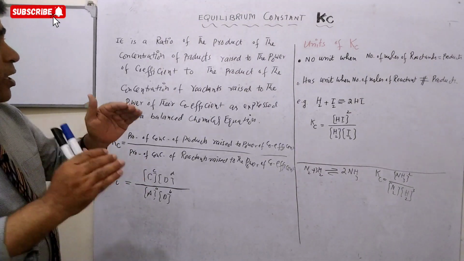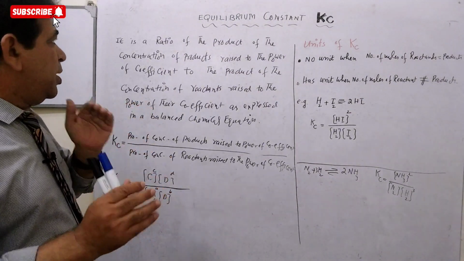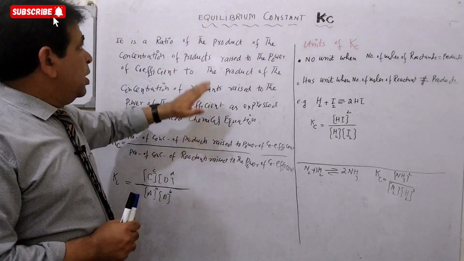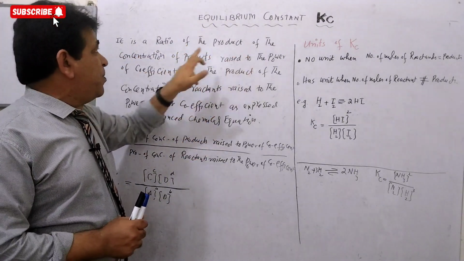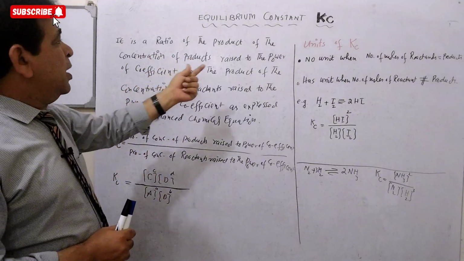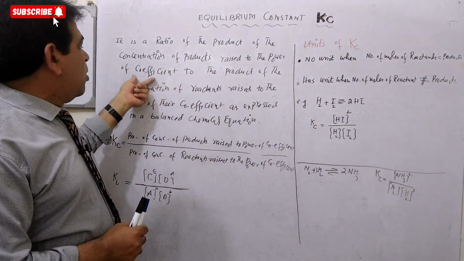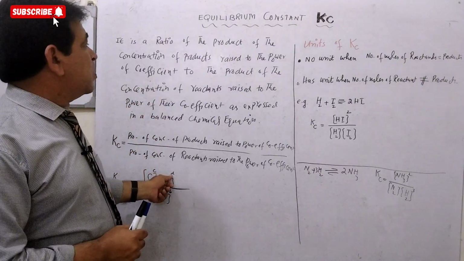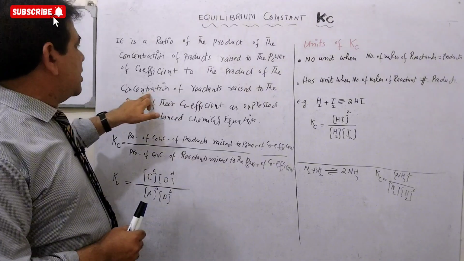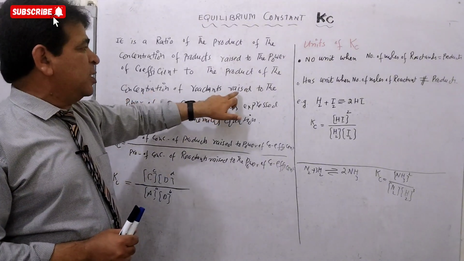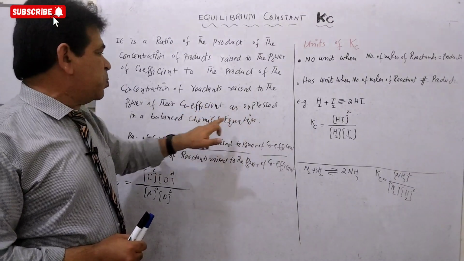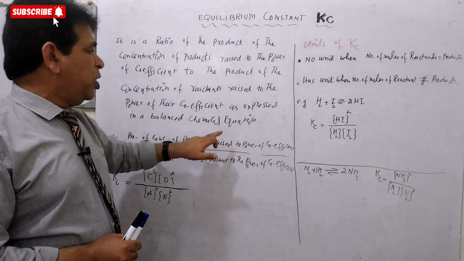Now again we can define Kc, so you may understand the definition. It is a ratio of the product of the concentrations of the products, meaning C and D multiplied, raised to the power of coefficients small c and small d, to the product of the concentrations of the reactants raised to the power of their coefficients as expressed in a balanced chemical equation.